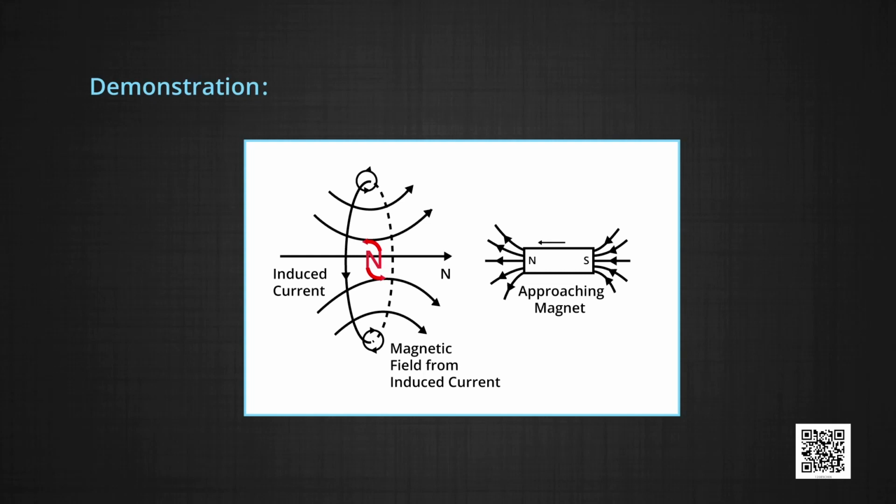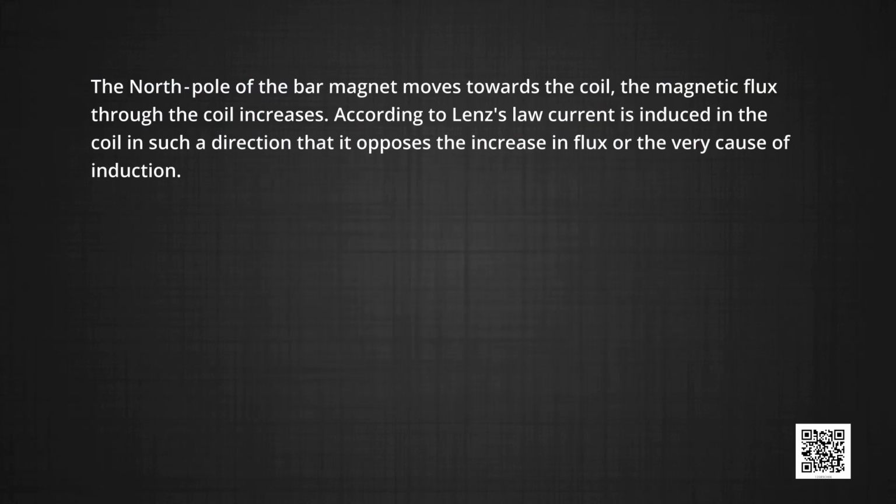Another point to observe is that if the field due to the induced current is in the right direction, this side of the loop must be inducing a north polarity. Take a look at the diagram. So, we conclude that as the north pole of the bar magnet moves towards the coil, the magnetic flux through the coil increases.